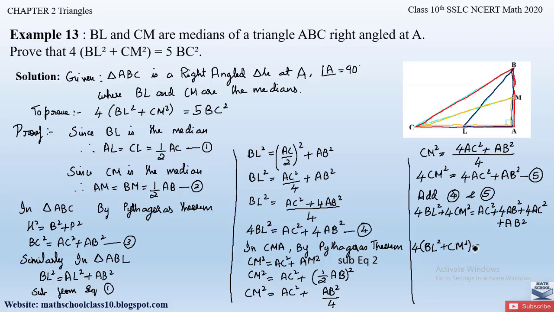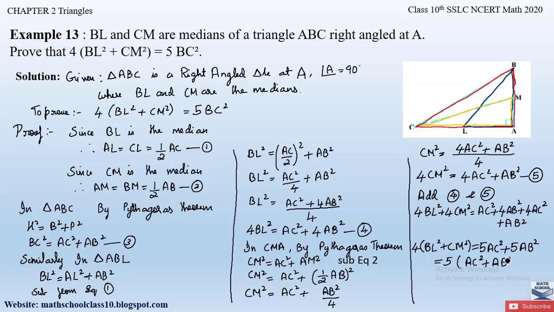On the right hand side we have AC square plus 4AC square, that is 5AC square, plus 4AB square plus AB square, which will be 5AB square. Again, if you take 5 common, you will be left with AC square plus AB square.